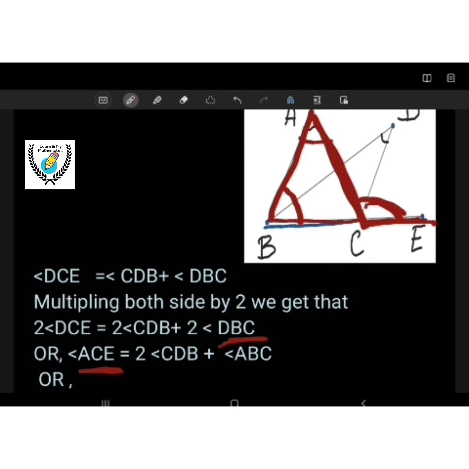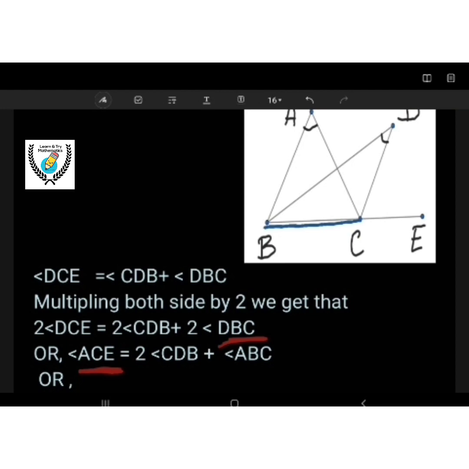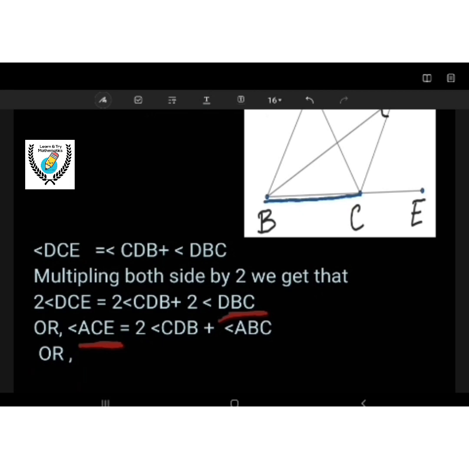So we can write instead of ACE the sum of these two angles, angle CAB plus angle ABC.